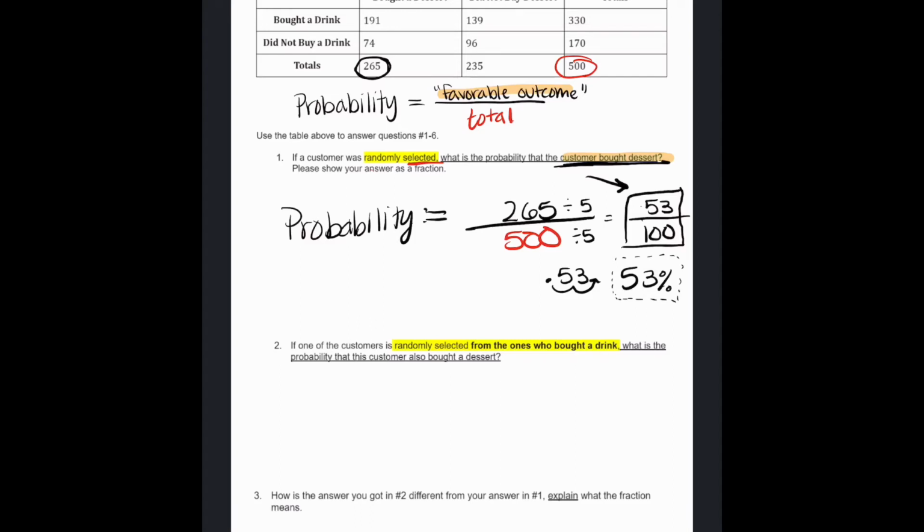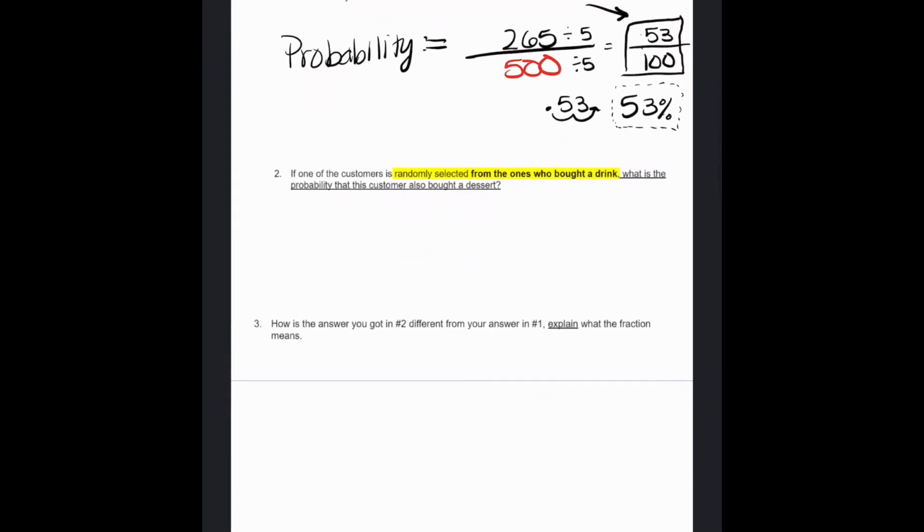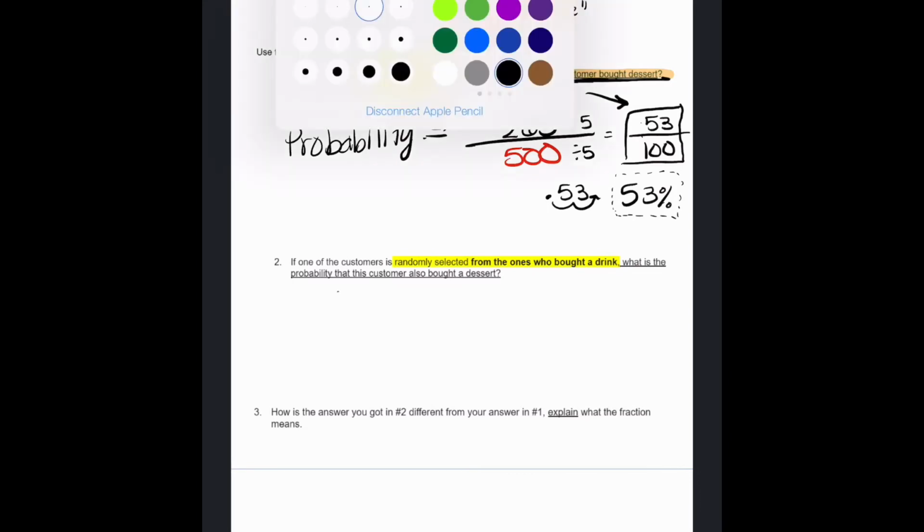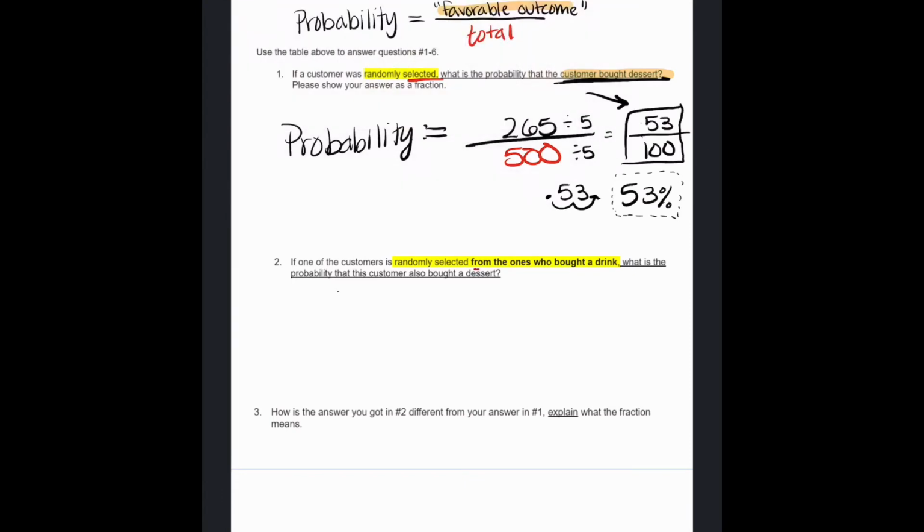But don't let that confuse you, that's just a little rule. Okay, let's go ahead and try the next one. It says, if one of the customers is randomly selected from the ones who bought a drink, what is the probability that this customer also bought a dessert? This one's a little different because the customer is selected only from the ones who bought a drink. Last time they selected out of 500, but this time they're selecting only from the ones who bought a drink.